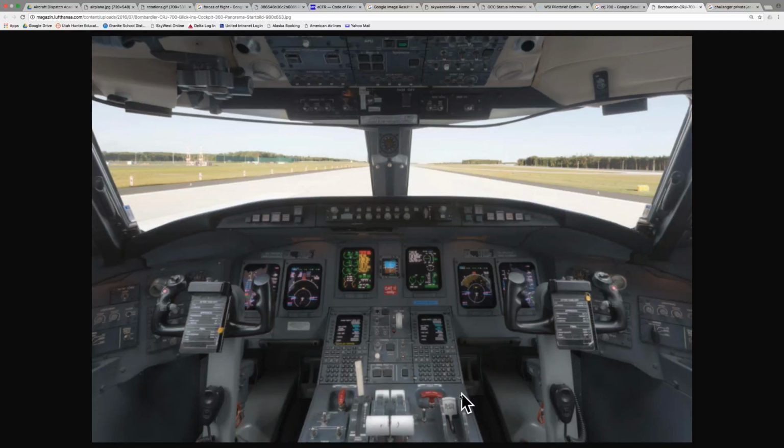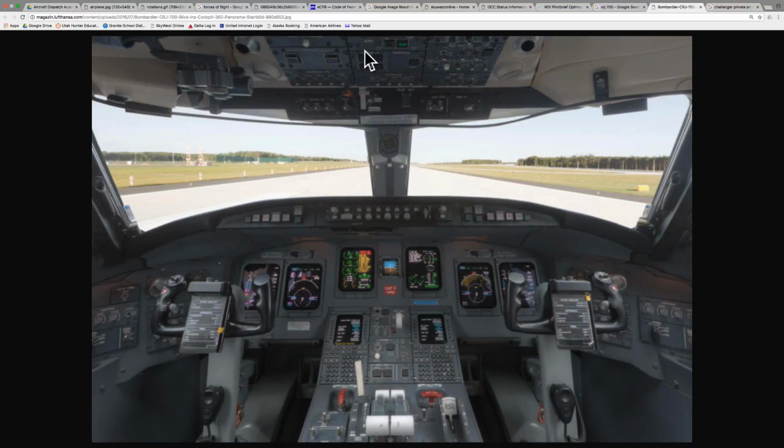But it's a pretty neat jet, and when we talk about systems, we'll go over these displays, the information on these displays. We'll go over what this little thing here is called. This is what we call an FMS, flight management system.